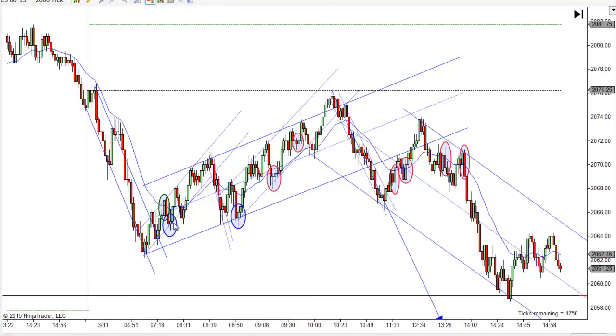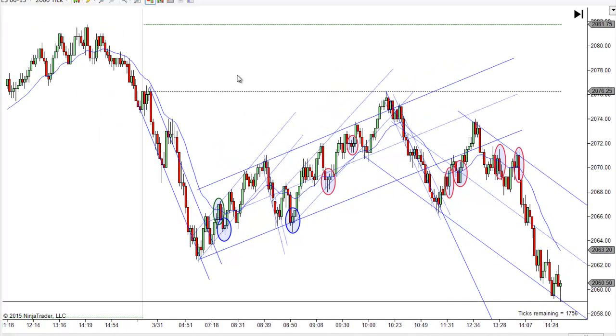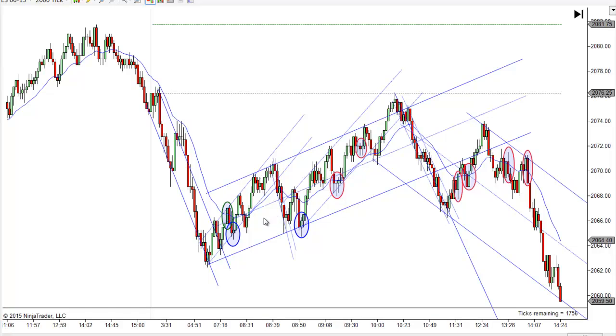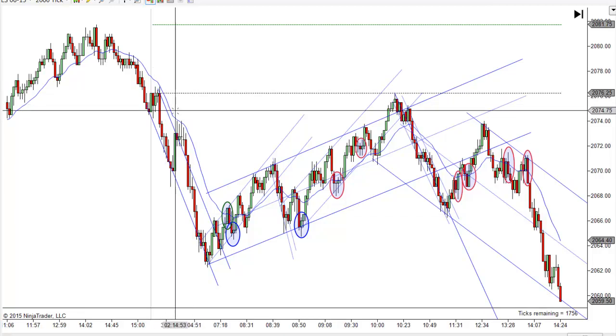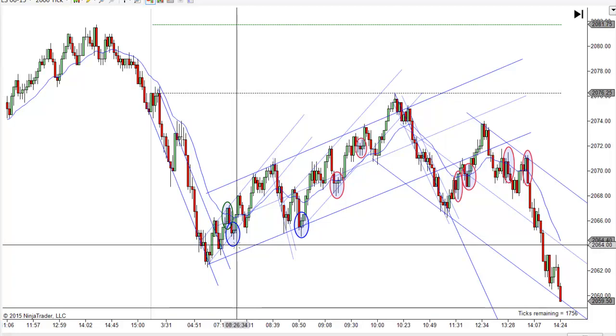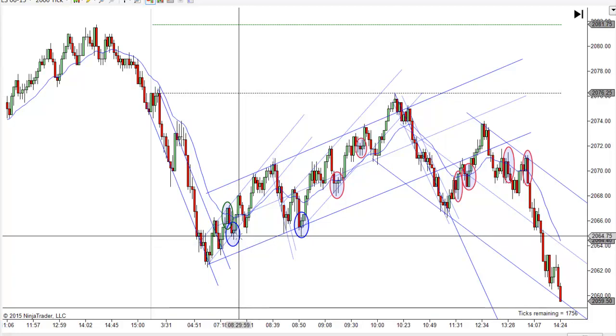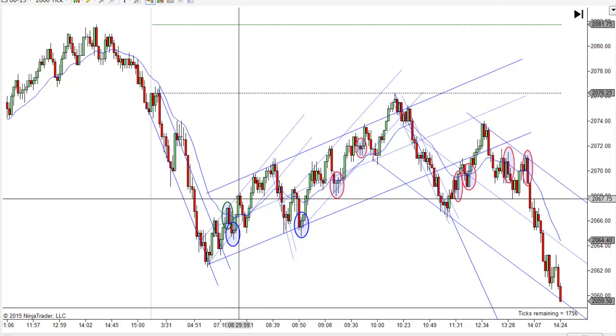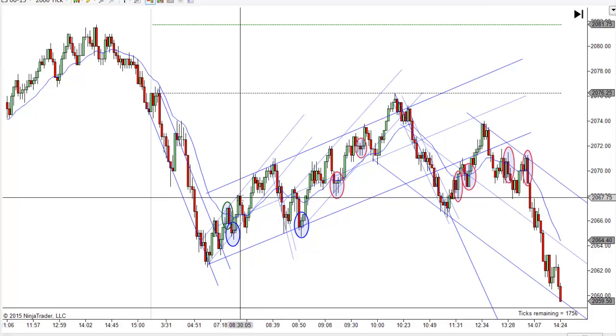And you had to assume that when this thing was moving higher, it was probably trying to fill the gap on the overnight. If you don't understand that, I'm not going to spend a whole lot of time explaining it. But this is a 24-hour chart. If you only use a regular session chart, it would have closed here yesterday and then opened on this bar right here, at 8:30.